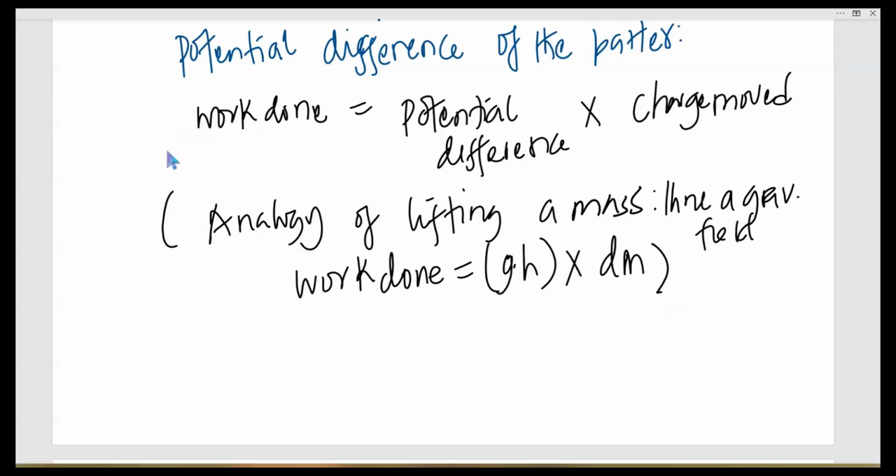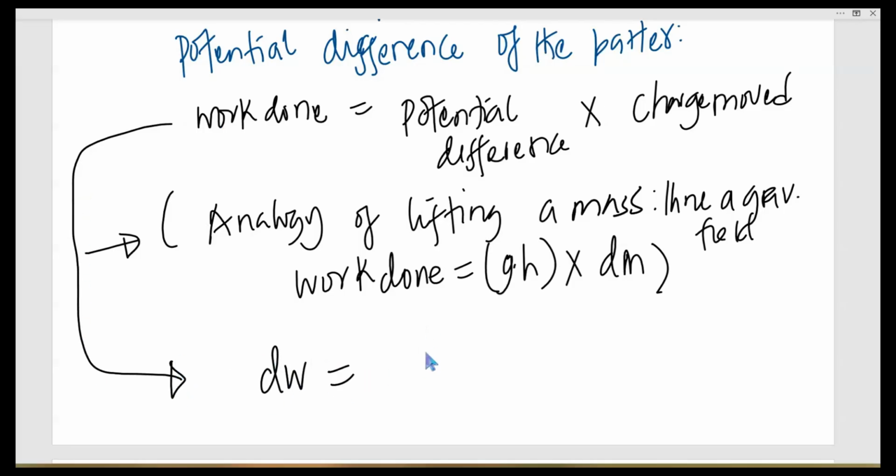Now coming back to here, even if you forget about this, we shall say the smaller work done will equal the potential difference, which is V, times the small charge moved, dq.